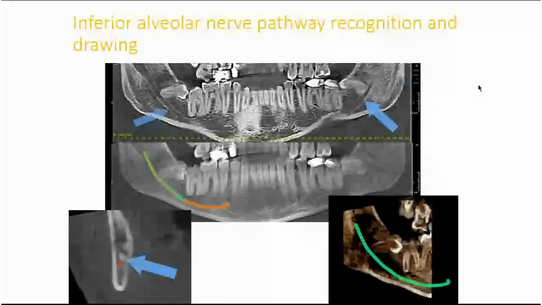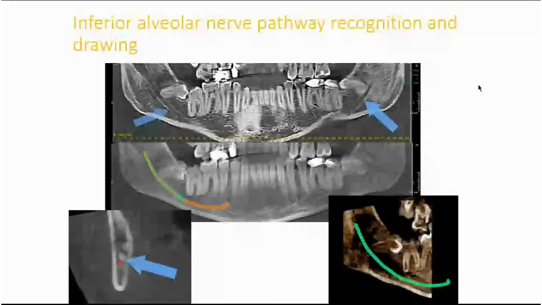So our next issue, which I would like to talk about, is the possibility to make nerve pathway recognition and drawing. It is mostly concerned with the inferior alveolar nerve, and maybe today we take this tool as if it was here for years, or as if it were here forever.